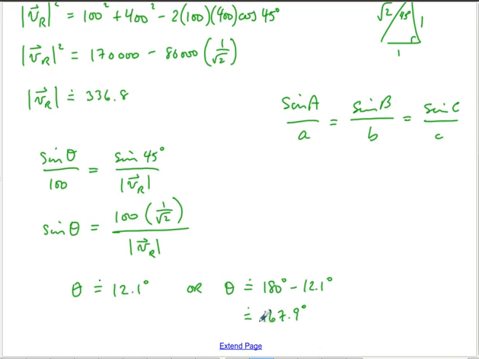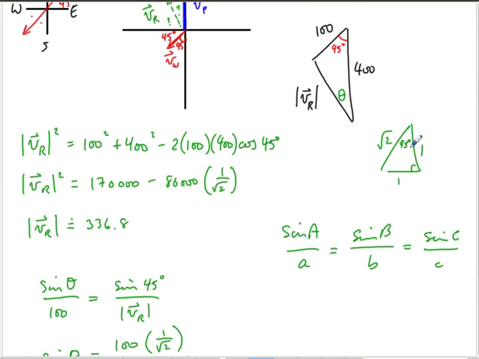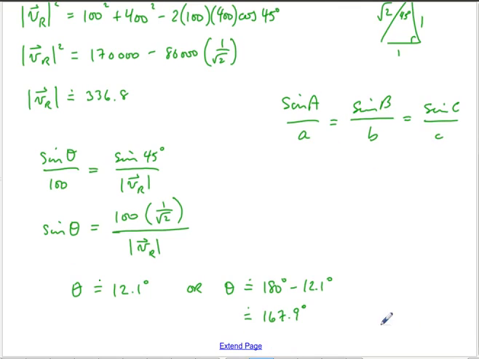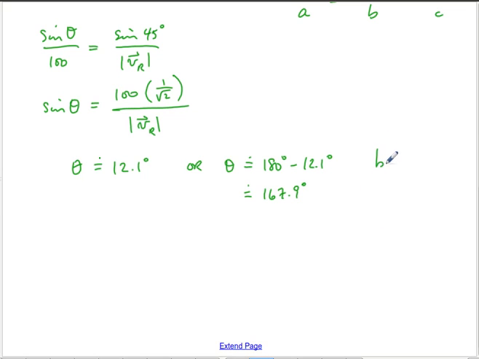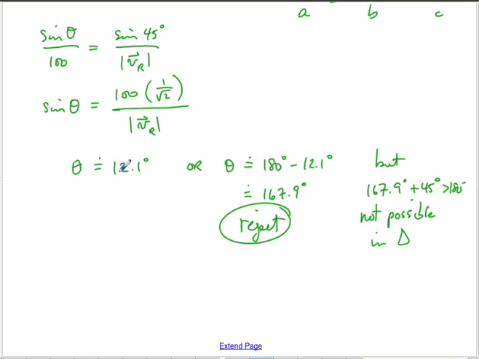Now I said in this case, the ambiguous case is going to be easy to resolve, and that's true because 167.9 degrees, and we already know we have 45 degrees in the triangle, so we could say 167.9 degrees plus 45 degrees is greater than 180 degrees, which is not possible in a triangle. And so that means I reject this answer, and this has to be my answer.